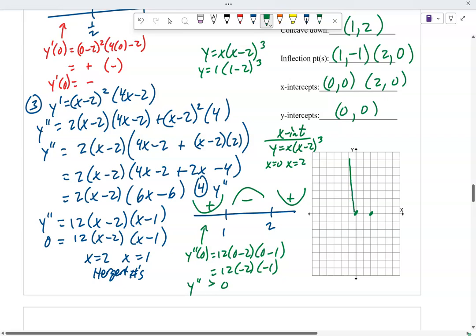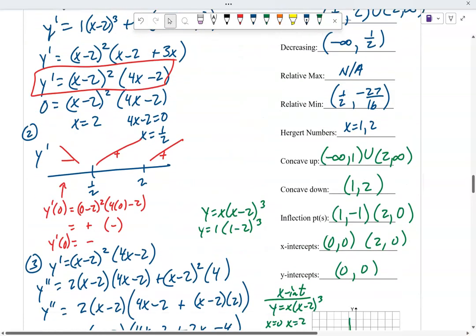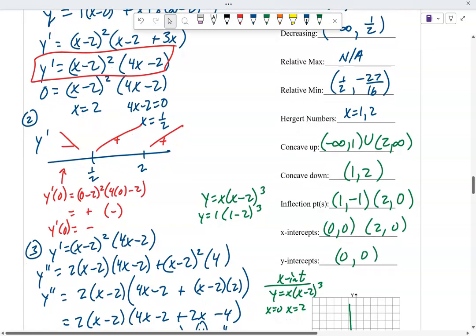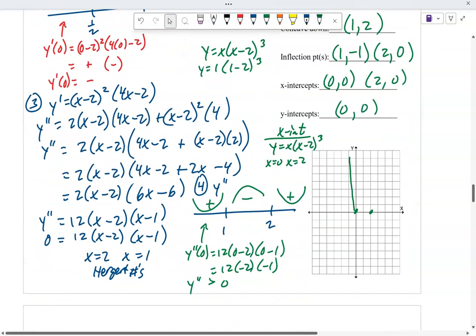Ideally, I would throw in a value, maybe the 1/2, and see what value I get on that, which is a relative min, so it's negative 27/16. So it's about right here. So I'm decreasing to there. I'm also concave up clear until I hit 1.